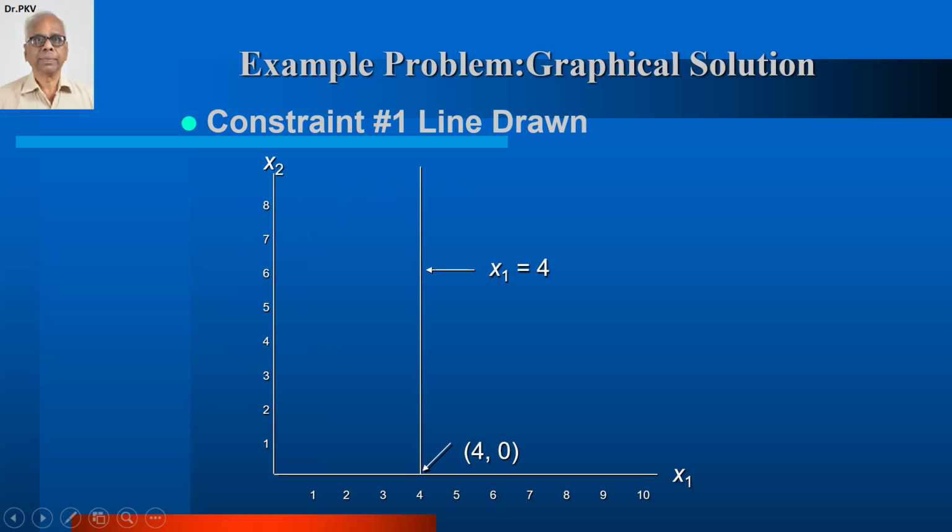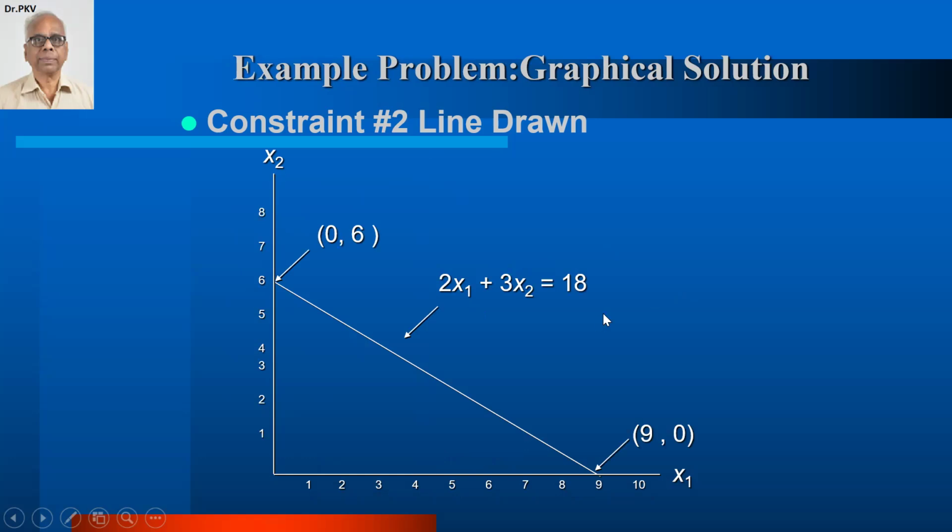We have taken suitable scales, and this is the coordinate 4, 0, and x1 is equal to 4 is the line that is drawn, which is parallel to the x2 axis. This is the first line we draw for constraint 1. Of course, it is less than or equal to 4, but first we draw the line x1 is equal to 4.